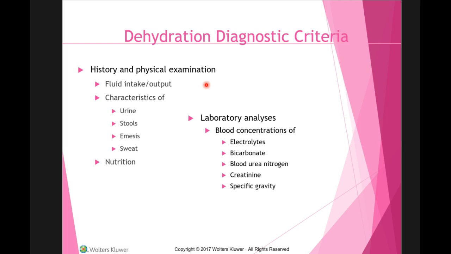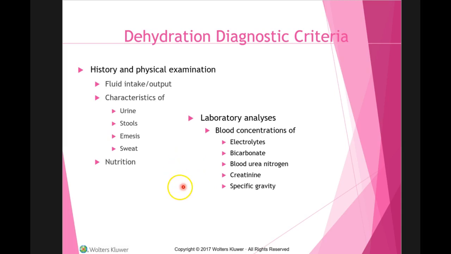Have they been peeing a lot? And with emesis, have they had any recent bouts with nausea or vomiting? Or have they been sweating a lot? You want to know what their intake is like as well. Do they have a normal diet, or have they had something really salty lately, or do they not? It's really about their salt intake, right?